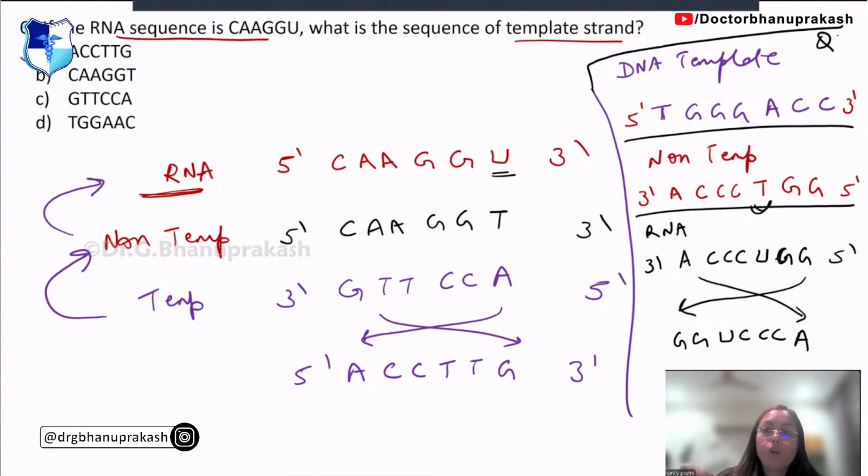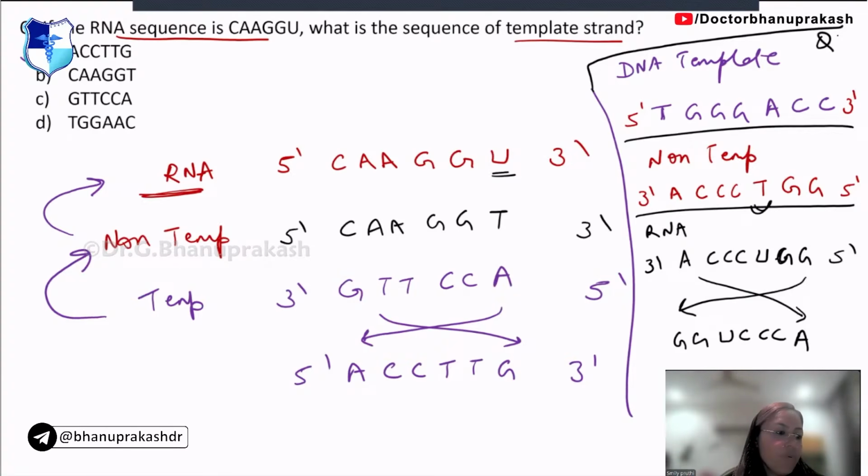Then from non-template, making RNA is very easy because RNA and non-template strand have the same direction. They have the same codons, just in place of T we'll have U in RNA. So A, triple C, instead of T there's U, then GG. In the last step, we have to bring the 5 end towards the left-hand side. So GGU triple C A is the answer of this question.